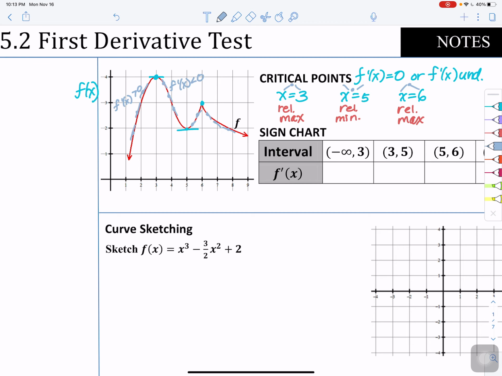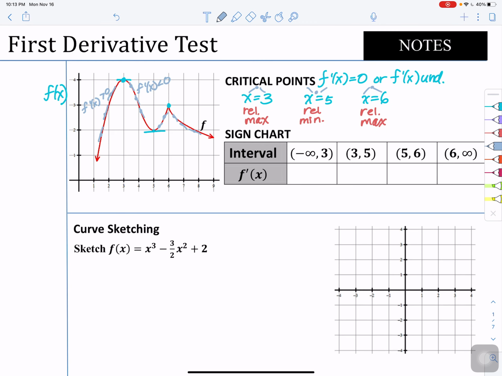It's nice to look at the graph. Let's take a peek at these intervals and just talk about this. If you notice, we could put x equal to 3 right here, and x equal to 5 right here, and x equal to 6 right here. And these are the intervals. I'd really like you to use a sign chart, which I'll show you right below that, but some students prefer a chart like this, so we'll just talk about it. Between negative infinity and 3, that derivative is always positive.